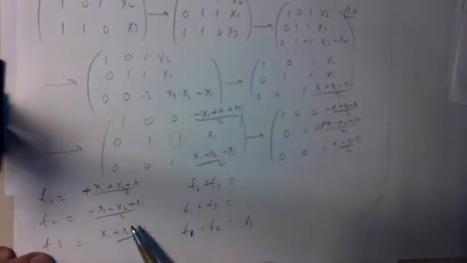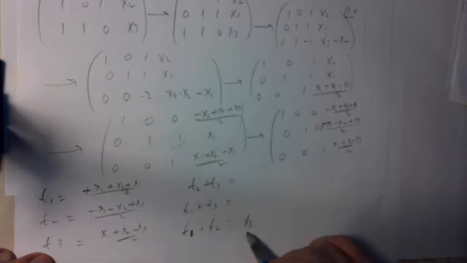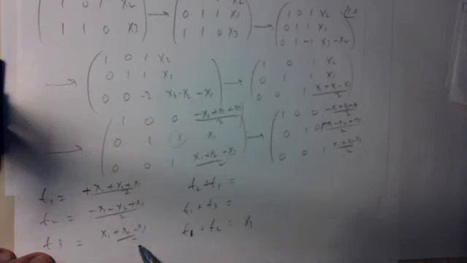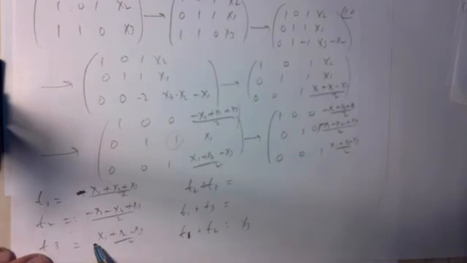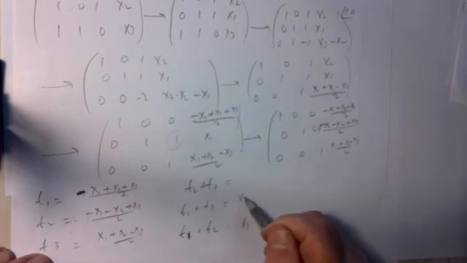Yeah, something still doesn't look right. If I add t1 and t2, I get x3. If I add t2 and t3, it doesn't work. And if I add t1 and t3, the x1s cancel, the x3s cancel, and I get x2, that's good.